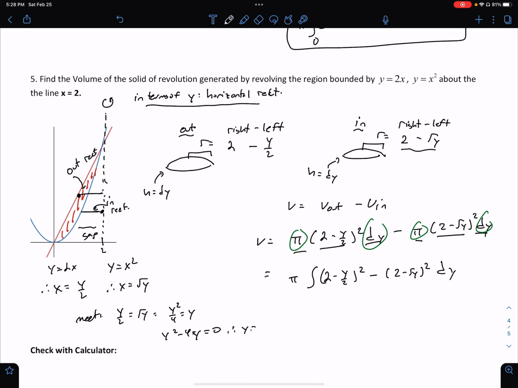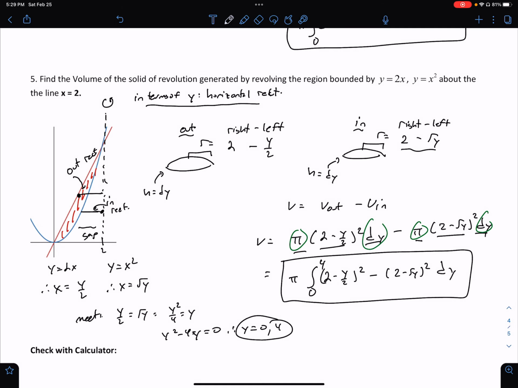So therefore y is 0 and 4. Oh, that's a pretty 0 and 4. Of course, another way to do it is that, look, I know x is 2, y would be 4 in both those cases. I guess I probably could have done it that way, but you know what? I nerded it up a little bit. And there's our volume. All right.